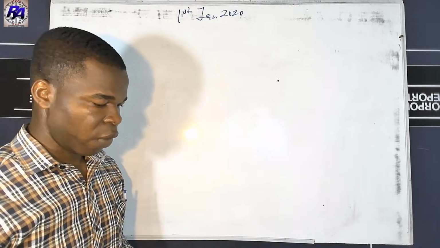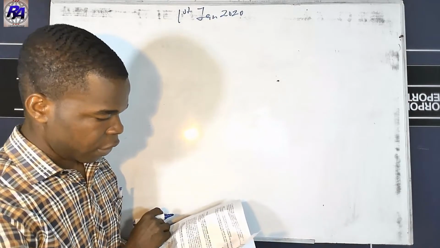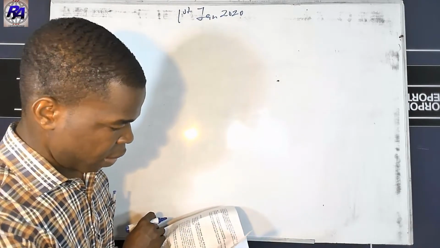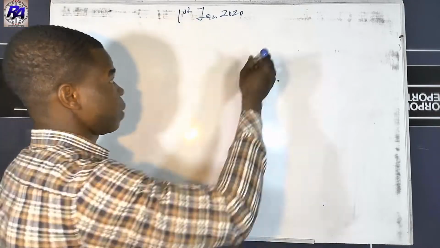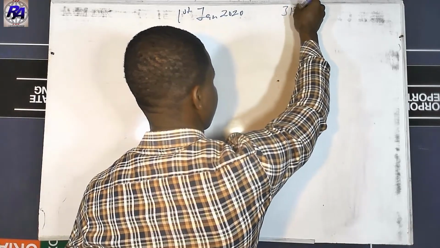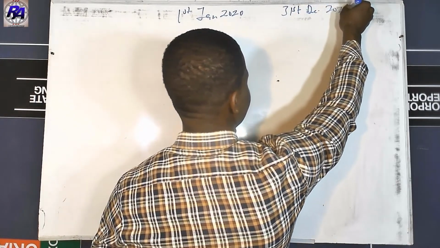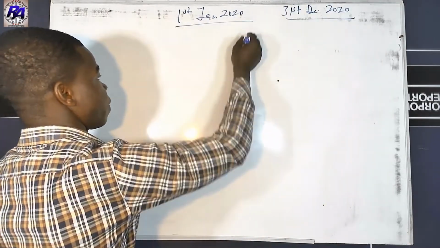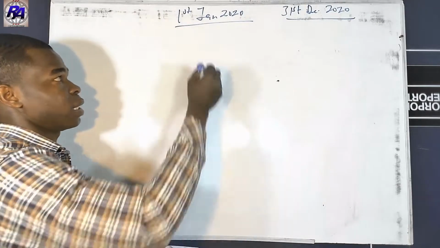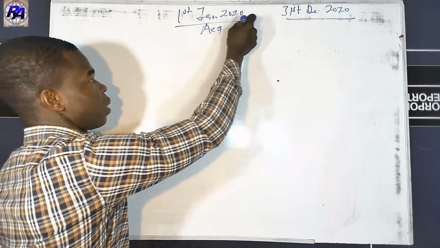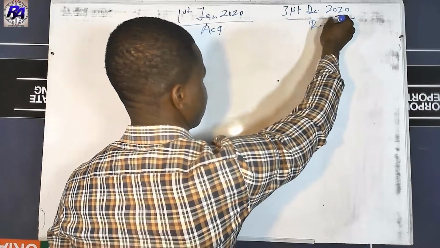The requirement says you should prepare the statement on 31st December 2020. So this is basically 12 months from the day the entity acquired. This is the acquisition date, and this is our reporting date.